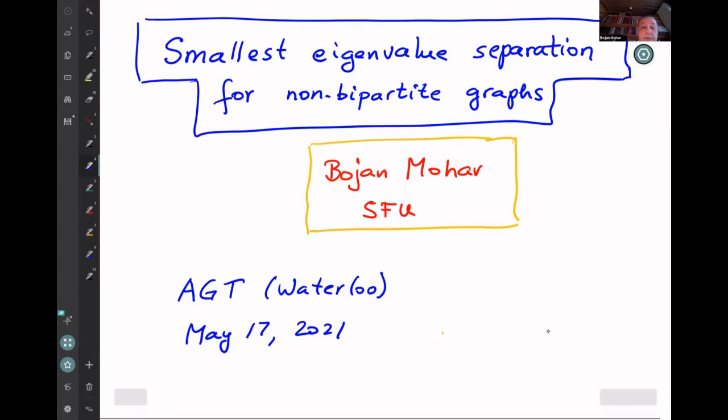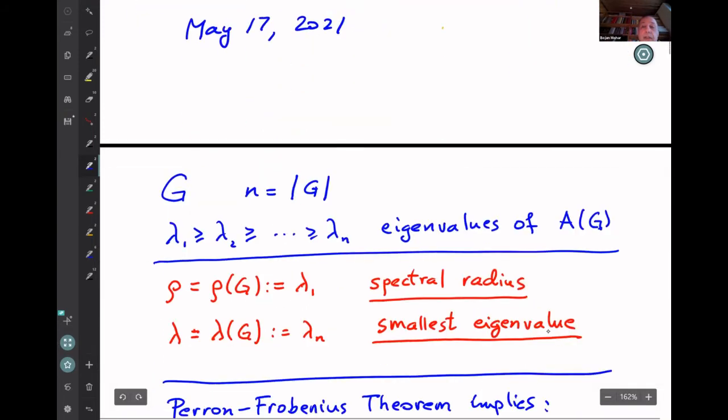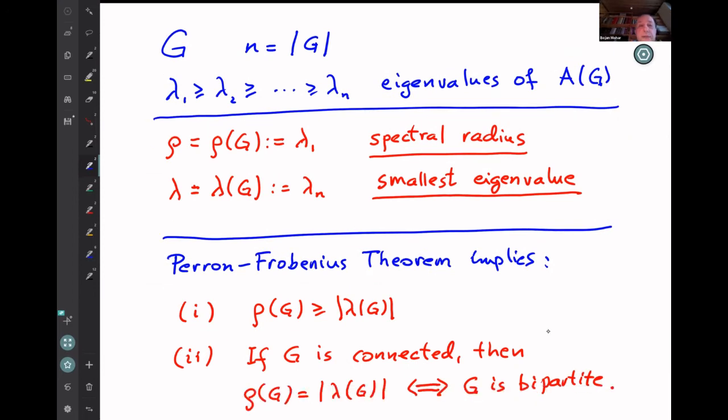So the basic setup here is we look at the smallest eigenvalue of a graph, and we look at how it is related to a graph being bipartite. Let me start with the basic notation. Throughout the talk, n will always stand for the order of the graph, the number of vertices.